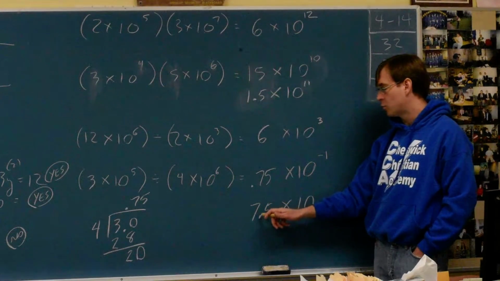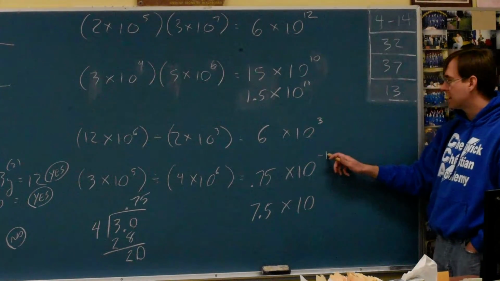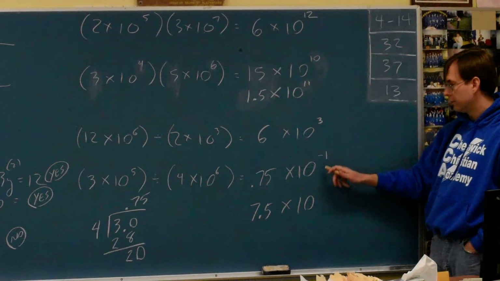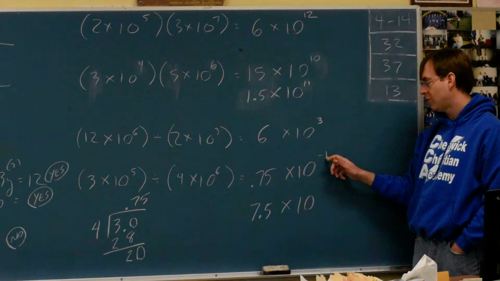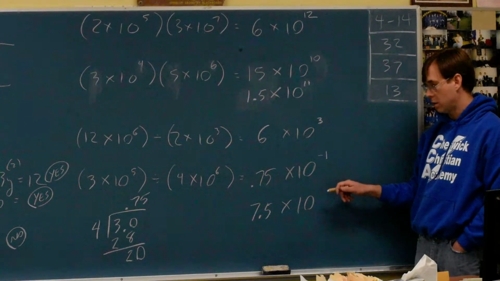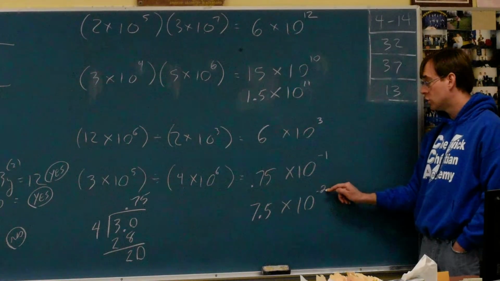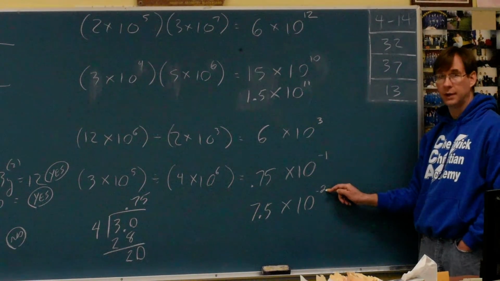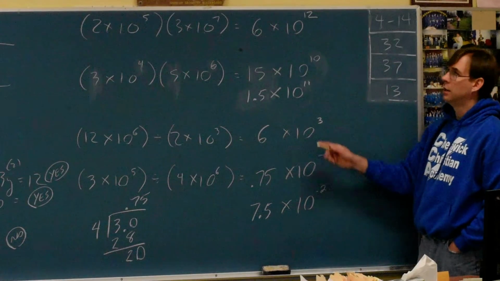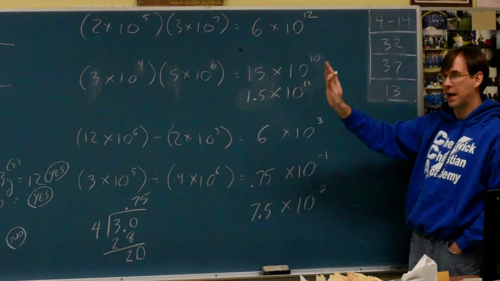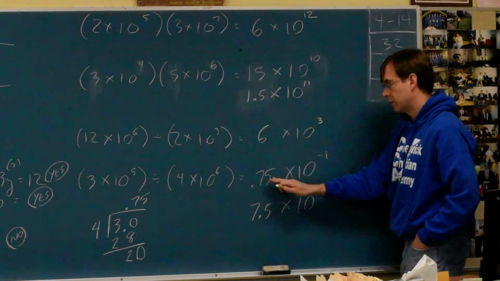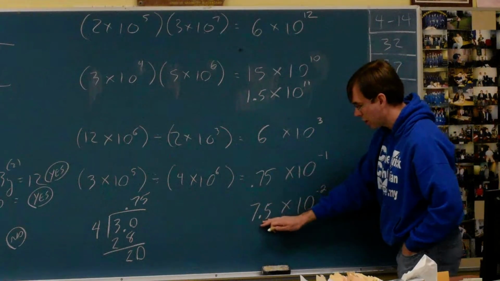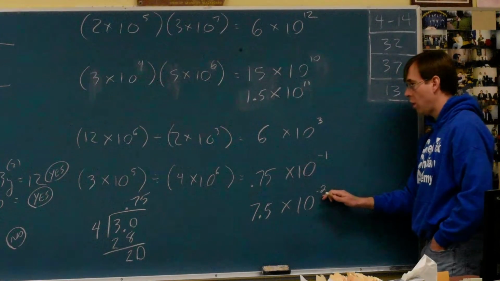If we're going to make this bigger, we have to make the power smaller. Negatives sometimes deceive people. If you have -1 and you get smaller, you're down to -2. -1 is worse than -2. That's smaller. Think about the number line. If you're at -1 and you go to the left, you'd be down to -2. But the move there was made this bigger, so make that smaller.